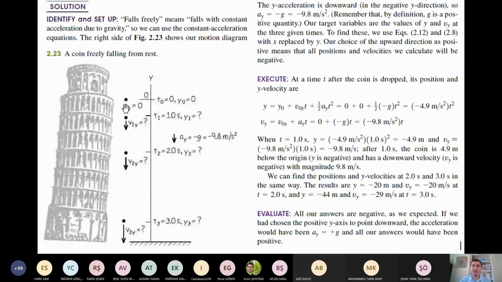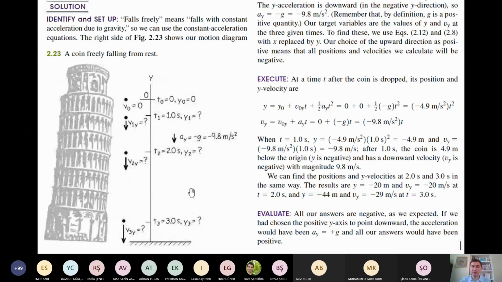Since I have chosen that this is positive y, then now acceleration is given by negative g, because the direction of the acceleration due to the gravity is along the negative y direction. And in the calculations, you have to use minus 9.8 meter per square second. Did you understand the question and the setup?